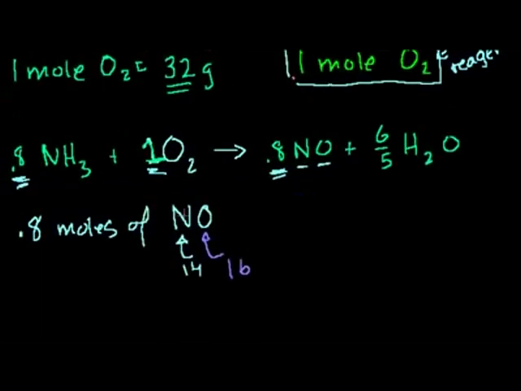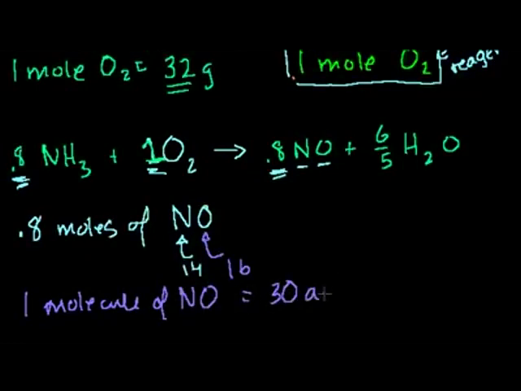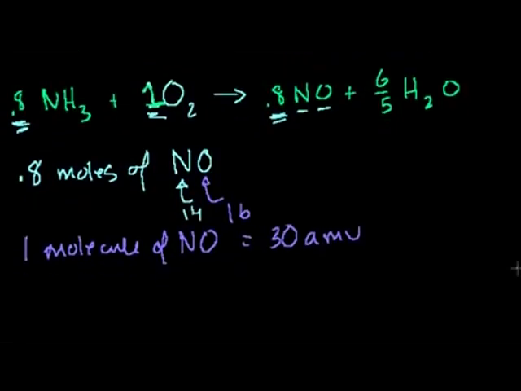So one molecule of nitrogen monoxide is equal to 30 atomic mass units. 1 mole, or 6.02 times 10 to the 23 molecules of nitrogen monoxide, therefore will be 30 grams.